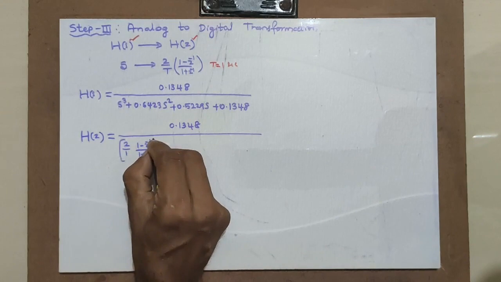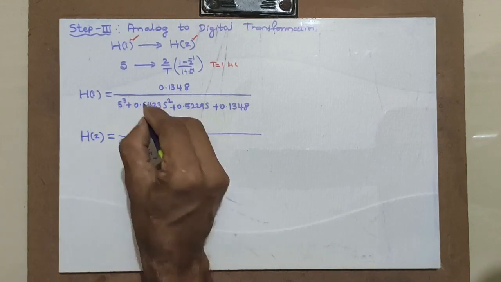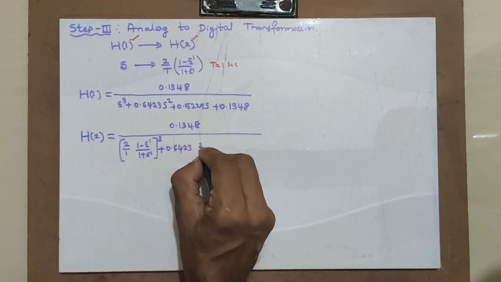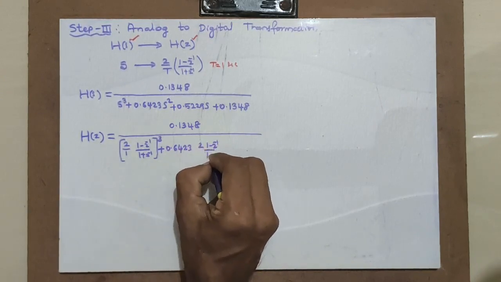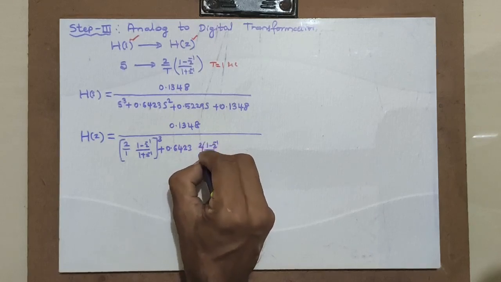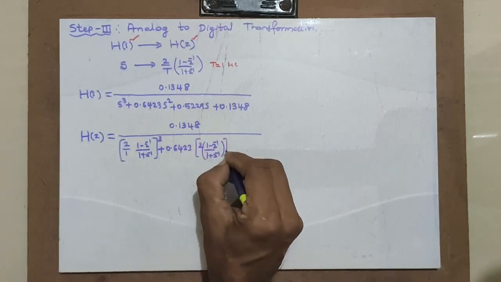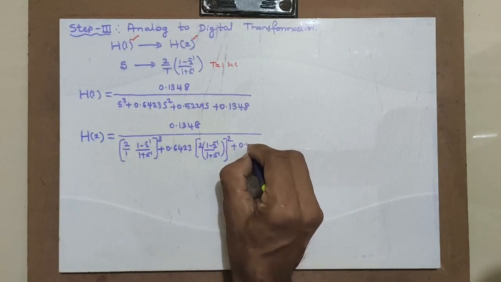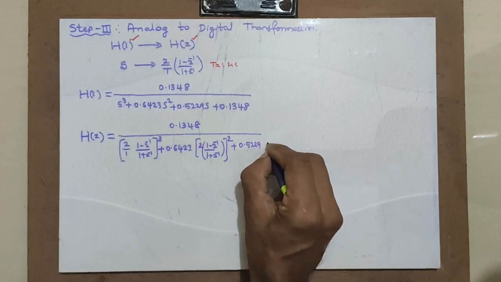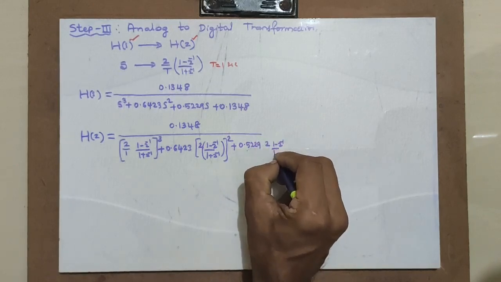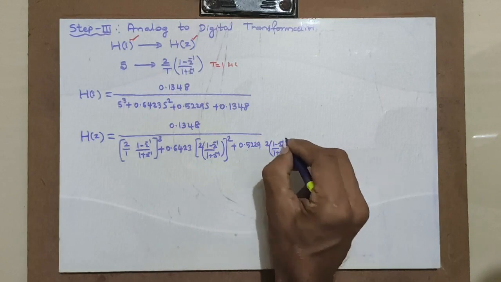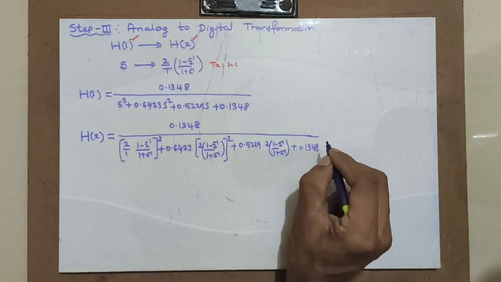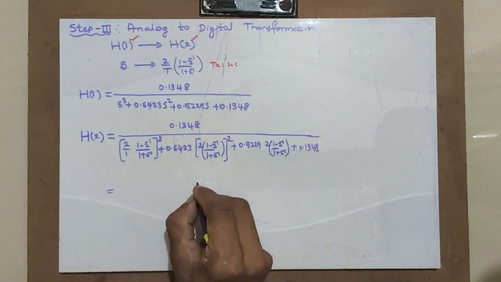Now you will get H of z equal to 0.1348 whole divided by the cube of that substitution, plus 0.6423 times its square, plus 0.5229 times it, plus 0.1348.